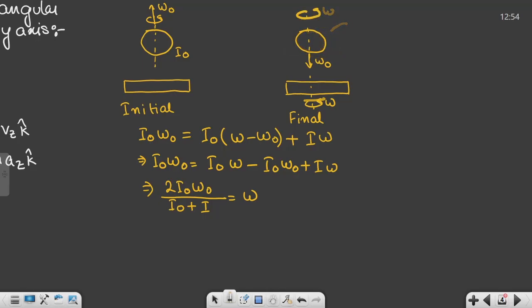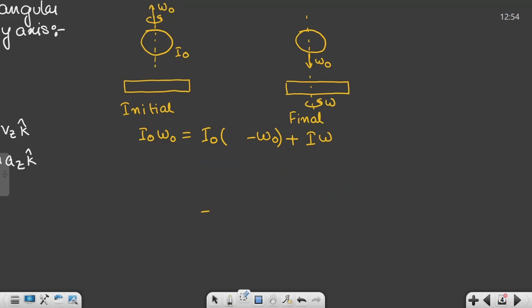That means this is loosely connected, so this angular velocity won't be there. Understood? So this thing I have done wrong. So if this angular velocity is not there, let me rectify my solution. So this is nothing but 2 I naught omega naught divided by I, which is the angular velocity omega.